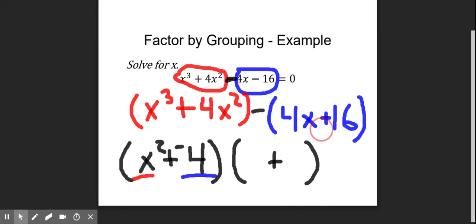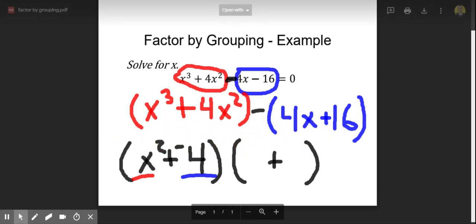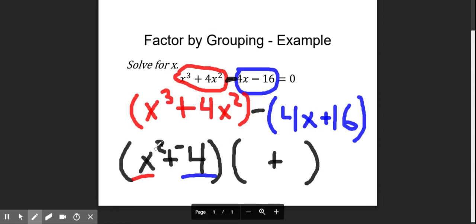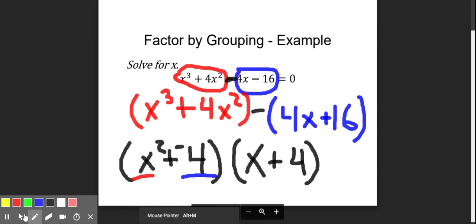And if you saw the second example, if you want to go back and watch the old video to show this middle piece that I'm not showing, to remind yourself why that happens, go ahead and do that. But then if I divide x cubed plus 4x squared, if I take out the x squared and the -4, I'm going to end up with an x plus 4, right?